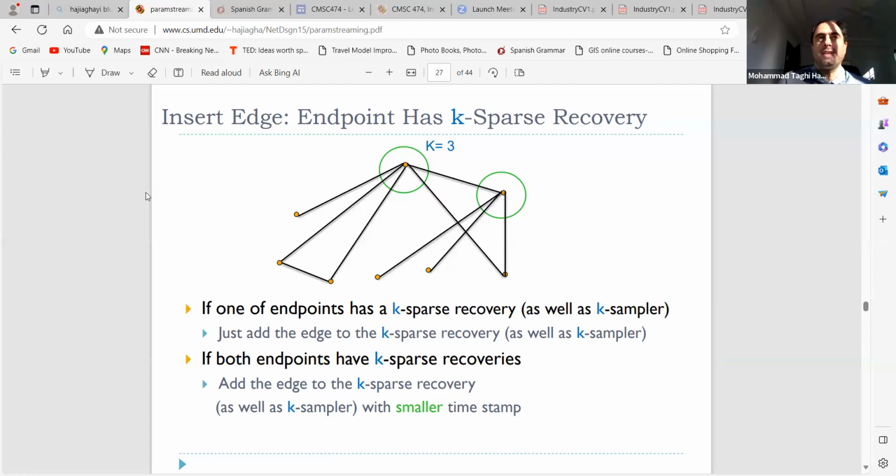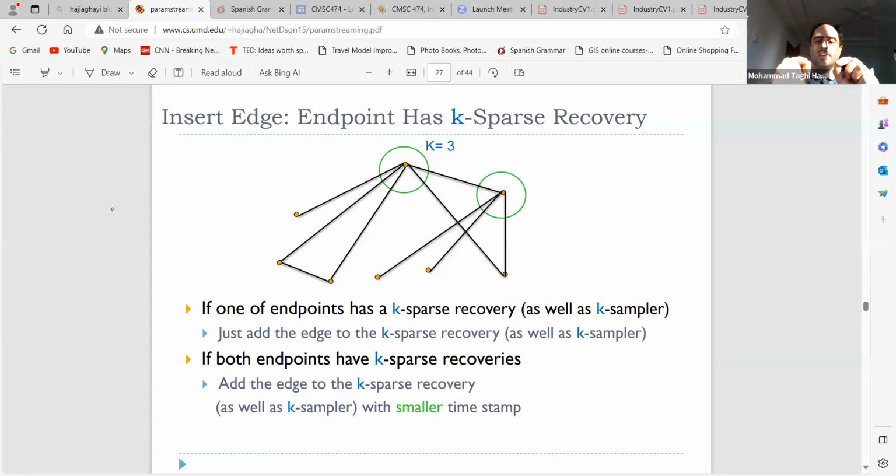In this case, you don't add this edge to L or anything. You just add this edge to this k-sparse recovery. And if both endpoints have k-sparse recoveries, then you don't insert it to both of them. That is important. You will add it to the one that has a smaller time stamp.